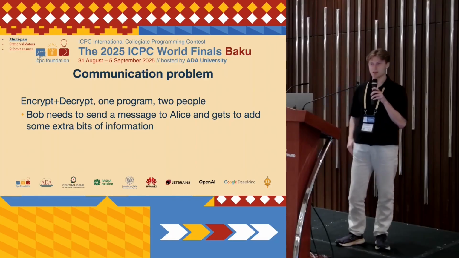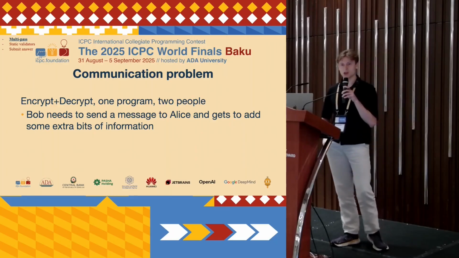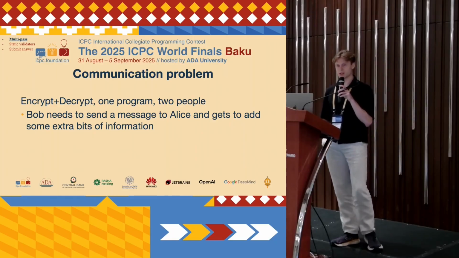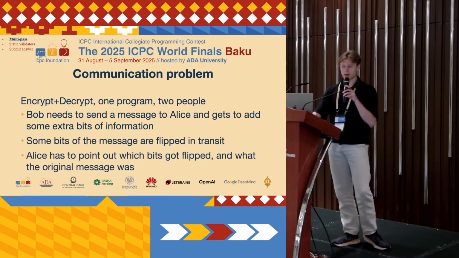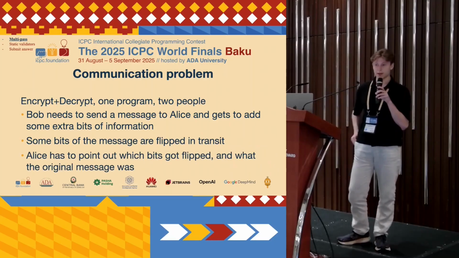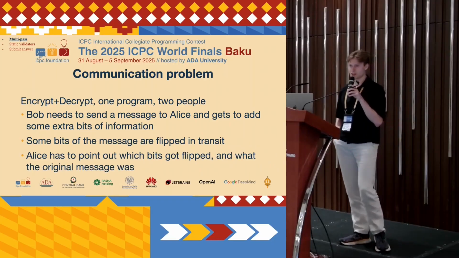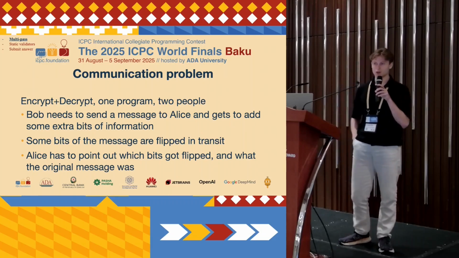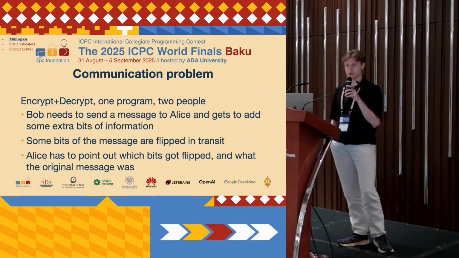He wants to send a message to Alice, and he gets to add some extra information because when he sends it, some of the bits might get flipped in transit. And it's also supposed to be able to act as Alice, receiving this message with some extra information that you've decided, but some of the bits are flipped, and it's your task to decode what the original message was.